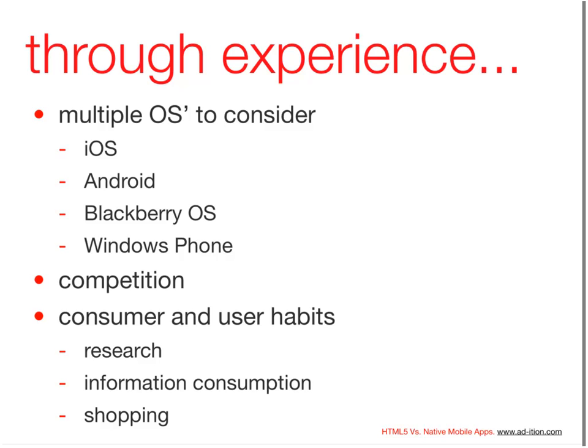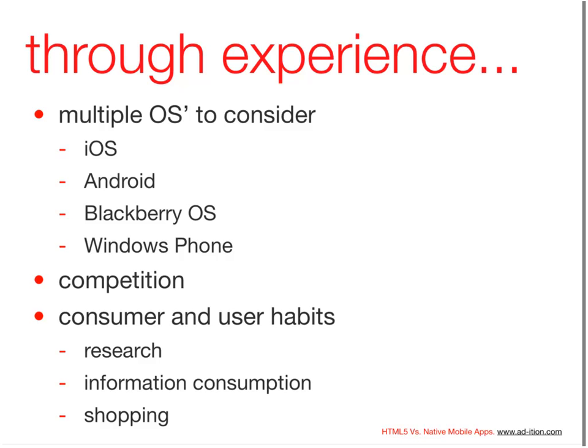The other thing affecting us, and something we've learned to date with the way we've been going at mobile, is that consumer and user habits are changing: more and more people are finding use of different smartphone operating systems. More and more people are using mobile as a way to consume information and for shopping.